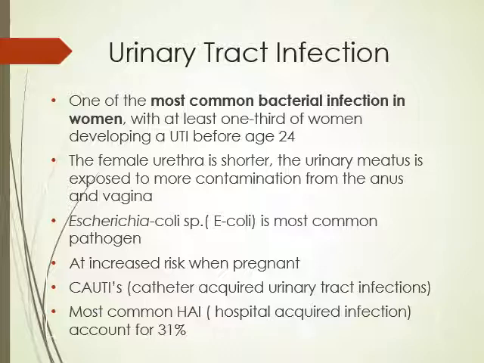And we know because of the anatomy that there's more risk. We know the number one pathogen is E. coli. We know that females have an increased risk of UTI during pregnancy, so teaching to pregnant women, especially then, but anytime. And catheter-acquired urinary tract infection, remember that from PN1. We also want to avoid hospital-acquired urinary tract infections.